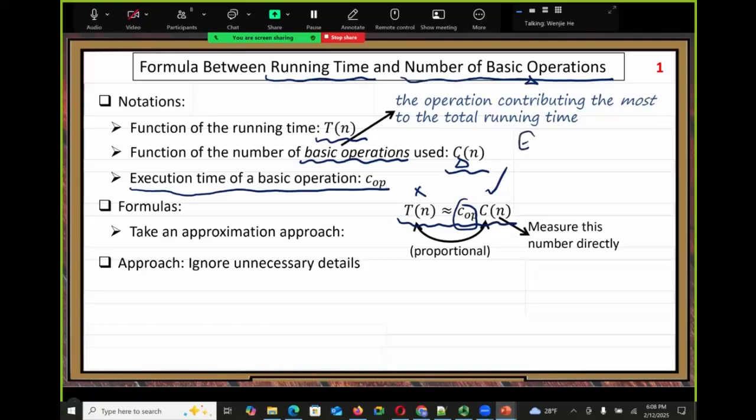The goal: a high level study of the efficiency of the algorithm. That's the top level goal.